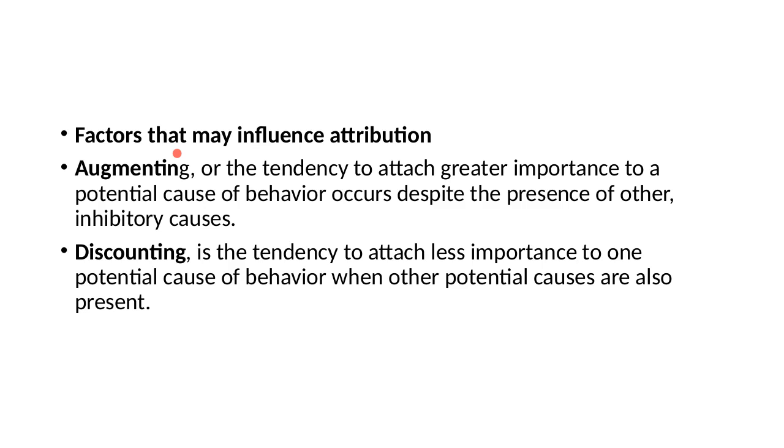For example, the example I used of a man yelling at a son because a car was about to knock the boy off the road. When you focus on the causes of the man yelling at the child, this will influence how you perceive that individual's personality.